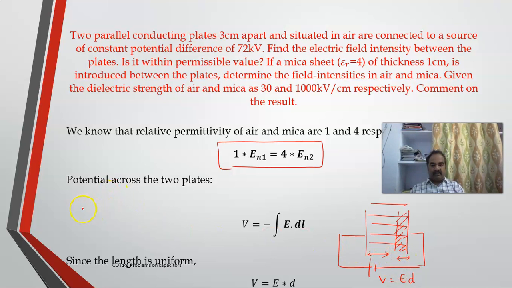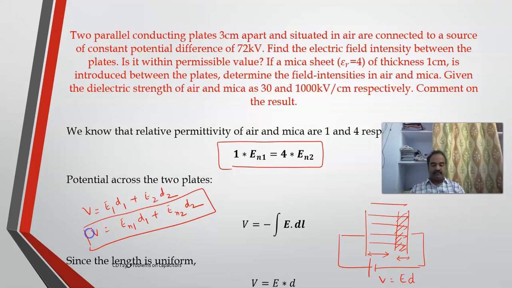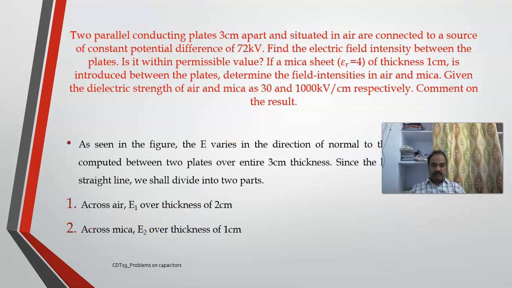So what I will do is apply E1 D1 plus E2 D2. And my E is exclusively normal field only, because I don't have any tangential field here. So I am reducing this formula to this one. Now if I substitute this one.